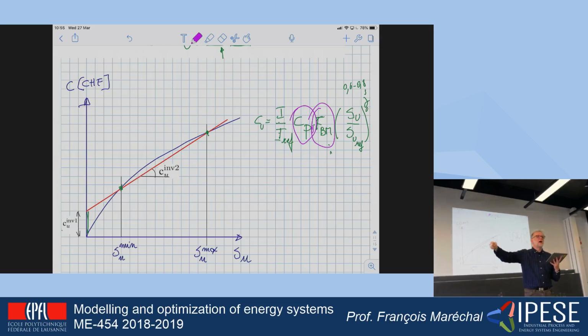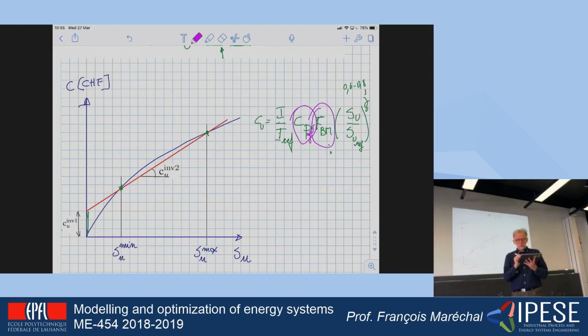So you have to draw pipes, you have to make a foundation, you have to add a control system, a safety system to it, and it multiplies the cost of the purchase unit. Okay? So this value is given for a reference size, that is here, of a given unit.